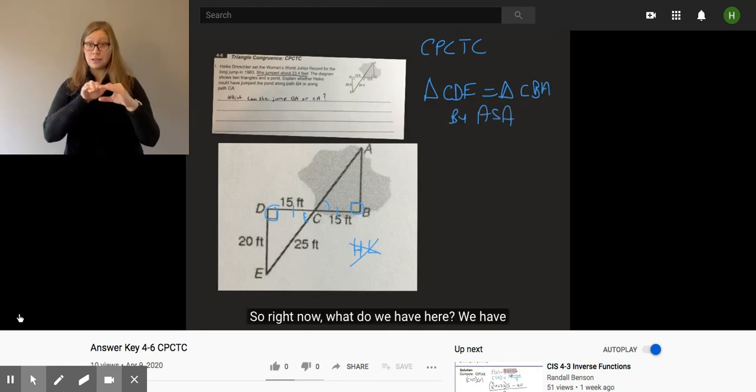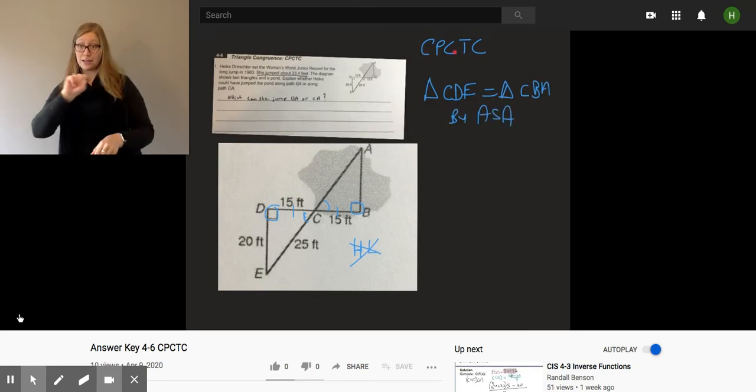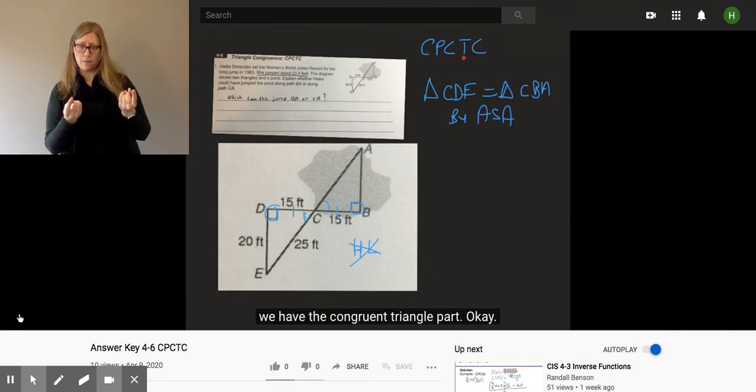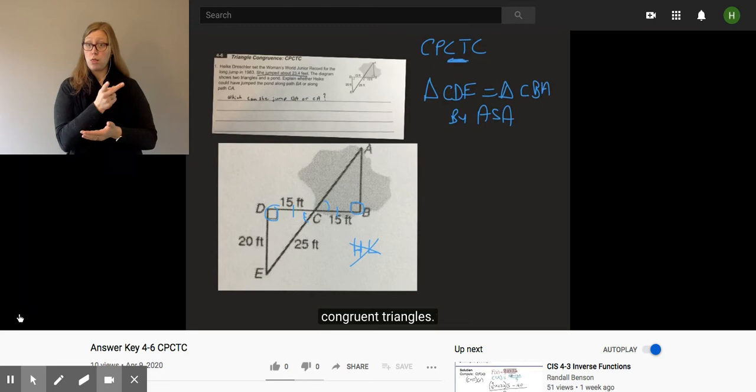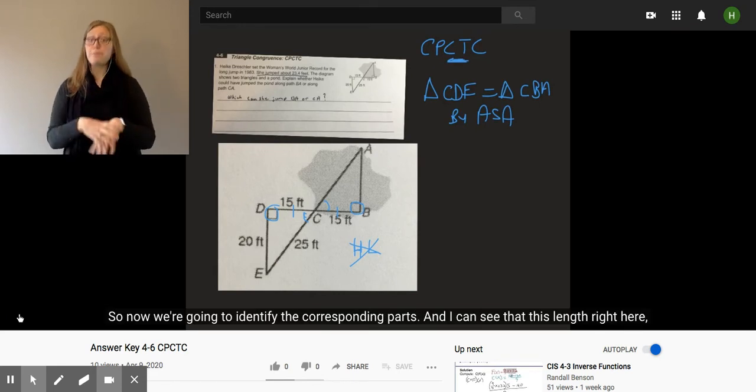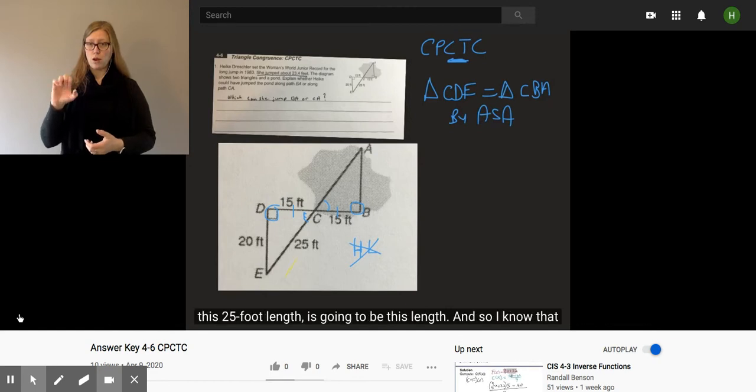So right now, what do we have here? We have the congruent triangle part. Remember, corresponding parts of congruent triangles are congruent. So now we have the congruent triangles, and we're going to identify the corresponding parts. I can see that this 25-foot length is going to be this length.